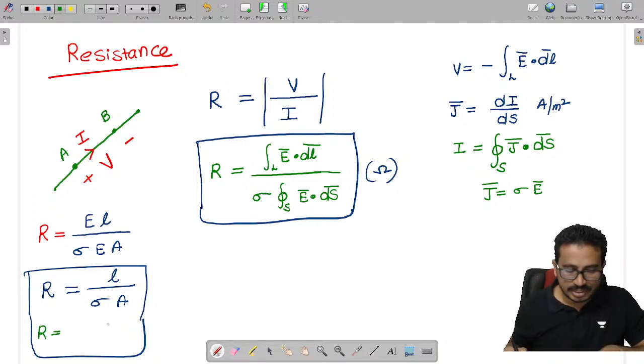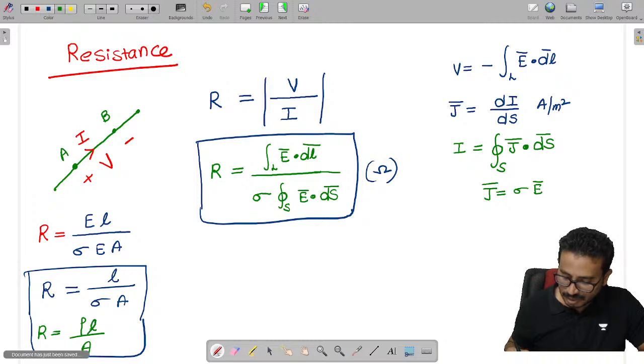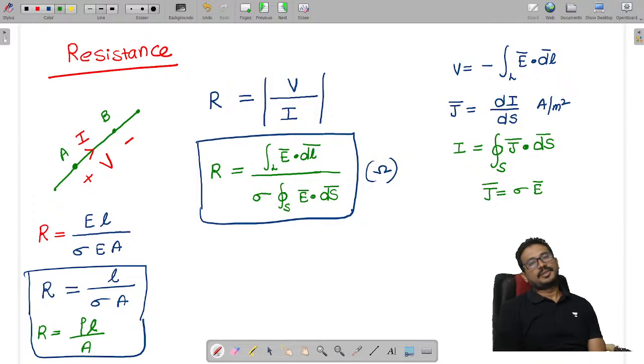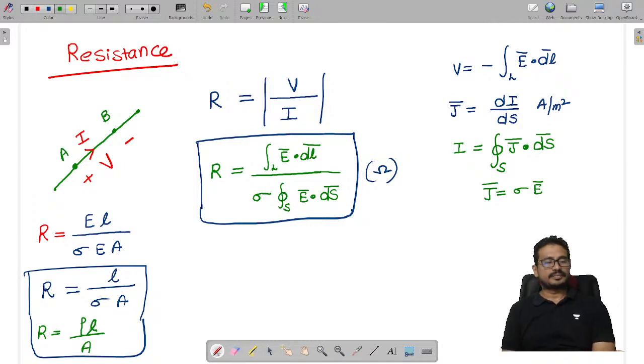Yes, this is 1 by sigma, which is nothing but rho L by A. R equals rho L by A. So have you seen this formula or not?